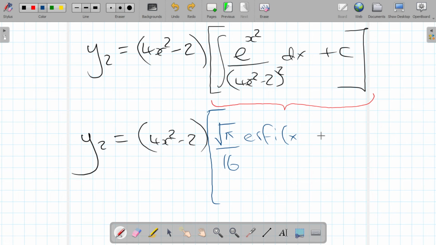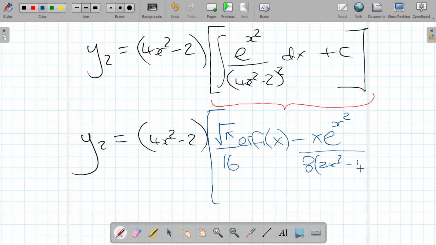In fact, I'm just going to try and condense my letters because I'm taking up a lot of space. So we've got the imaginary error function of x minus x e to the x squared over 8 times 2x squared minus 1, and then we've got a constant. Right. So that, as it stands, is our second linearly independent solution.